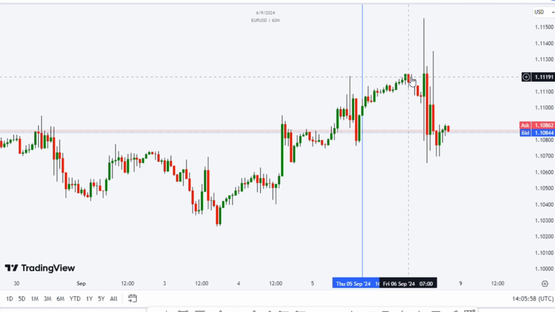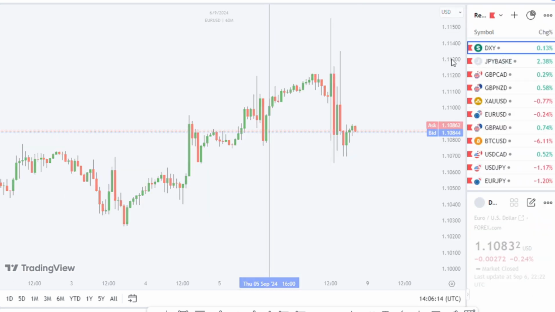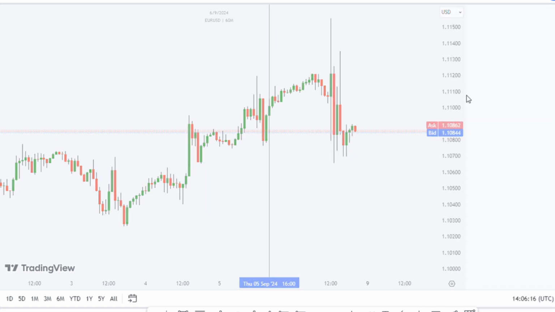The USD in the Euro USD pair is a quote currency. Hence, since Euro USD is bullish, DXY at this same time is expected to be bearish. You get it? So let's move straight forward to that place and see. We are moving to DXY here.